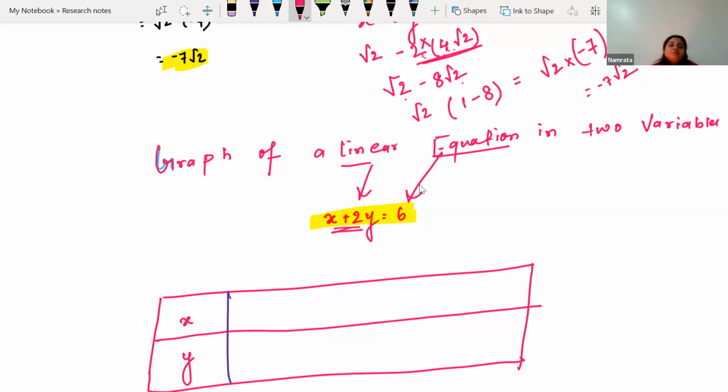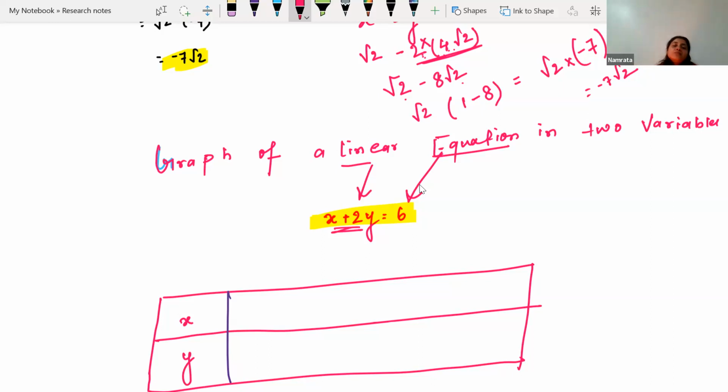Now for plotting the graph, we need some points, some coordinates, so that we can locate those coordinates on the coordinate axis and then join them together to get the straight line.